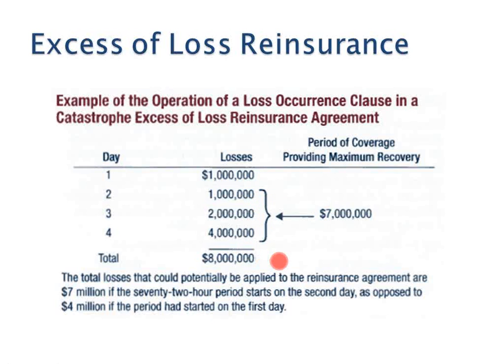So the total losses of this one event is $8 million. If the policy started day 1 and went through day 3, it would only cover $4 million. If the event started, when I want to get the clock ticking, on day 2, then I have $7 million worth of coverage.